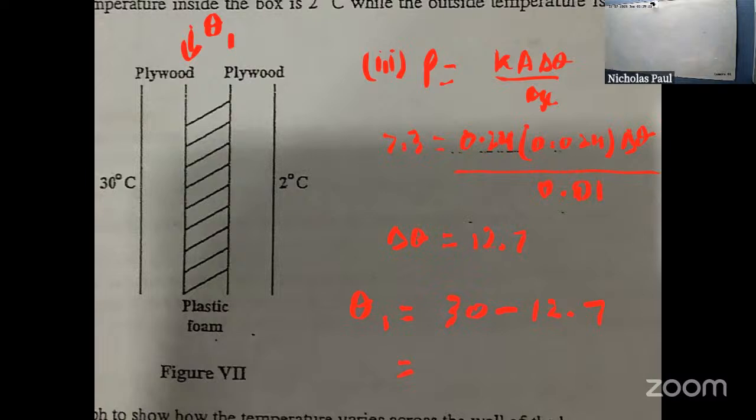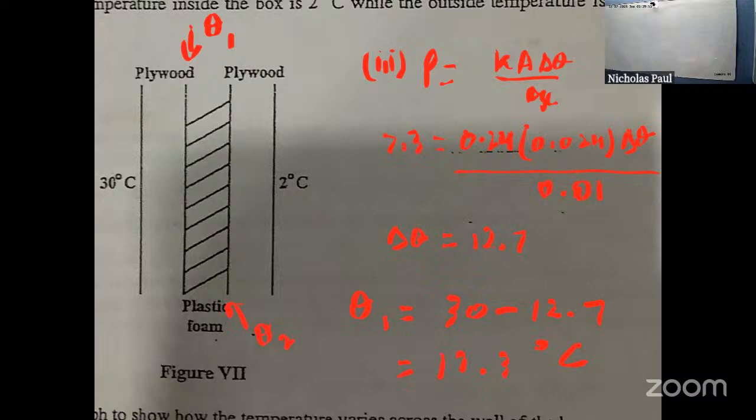What is that? 17.3. Anybody got that online? That's only the first part. In the next part, you have to find theta 2.